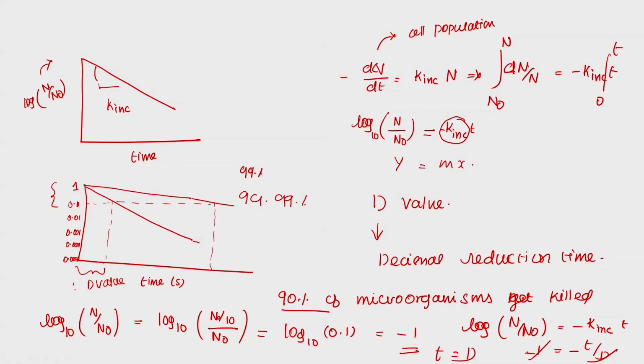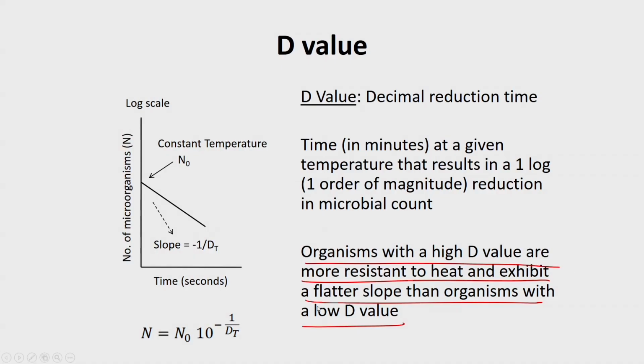Instead of this I will be having, for 1 log reduction itself, this D value. So, that means at particular temperature, if my D value is high, those organisms are a bit heat resistant, right. I will be able to survive at that particular temperature for a longer time, so that means I am able to resist that particular amount of heat which is given at that temperature. That is why you get flatter slope.